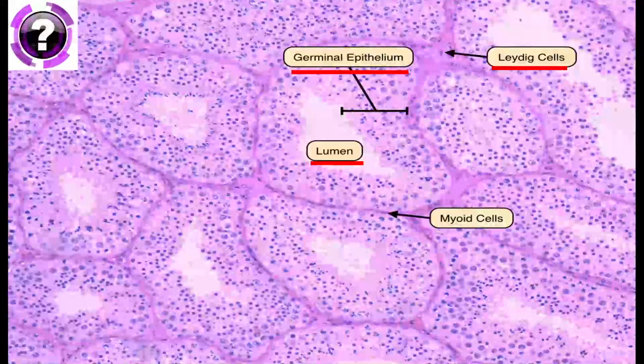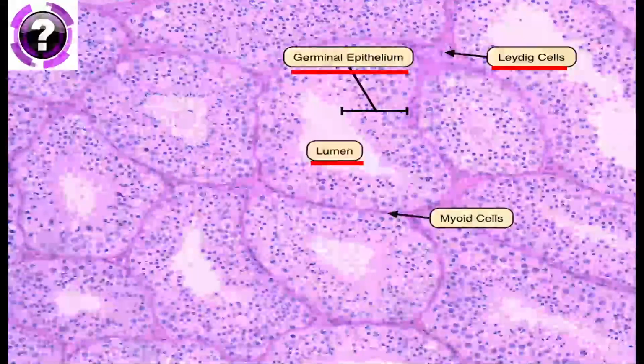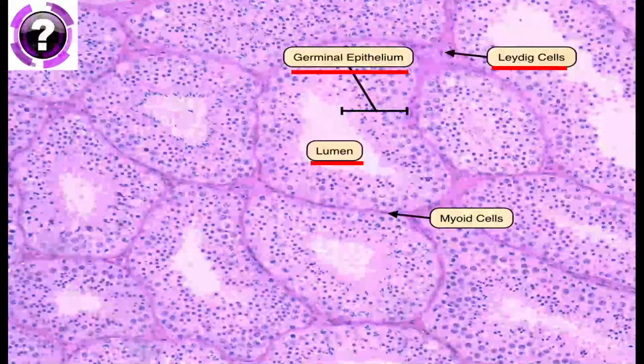Now, from where is testosterone secreted? It is secreted from cells between seminiferous tubules, not inside the seminiferous tubules, and these are called Leydig cells. Each seminiferous tubule has a wall called myoid cells that will make these walls.